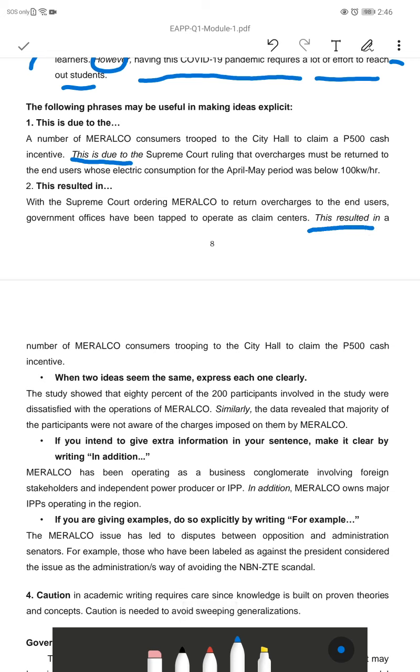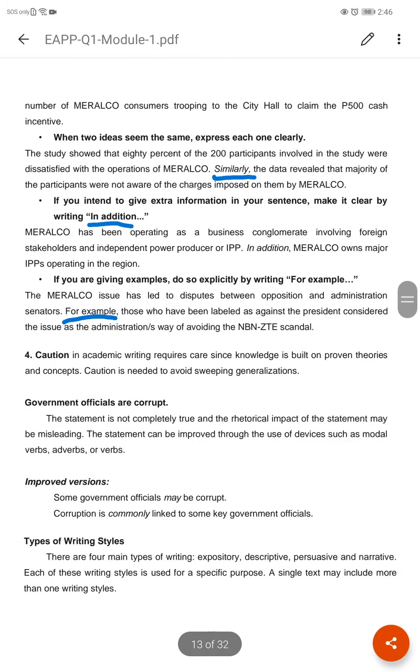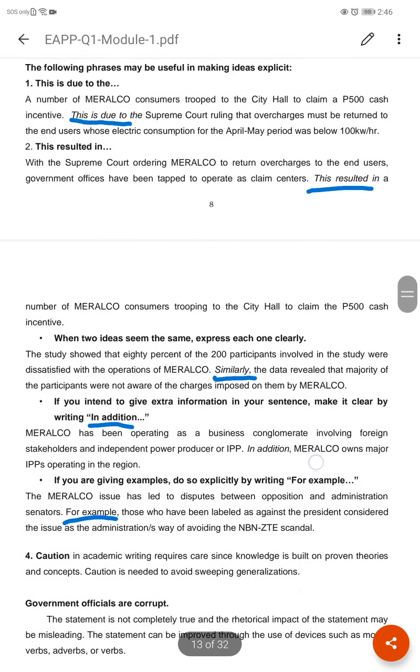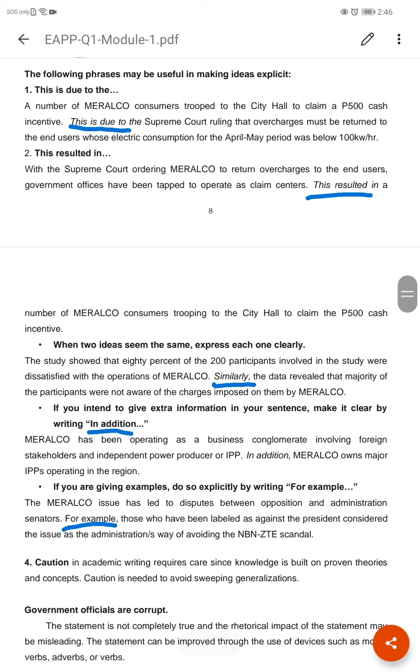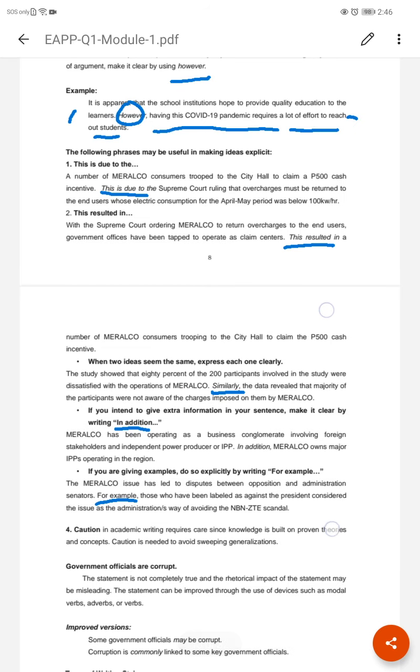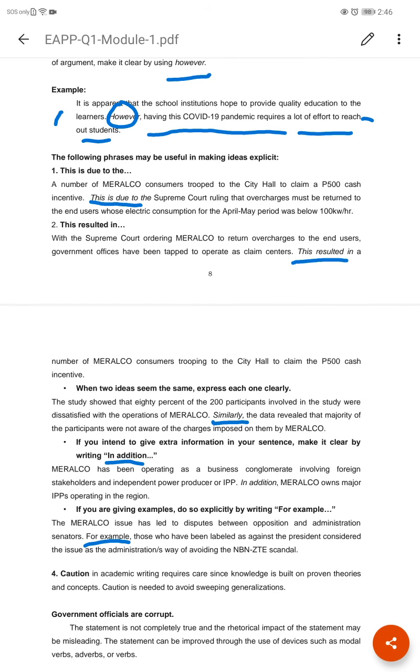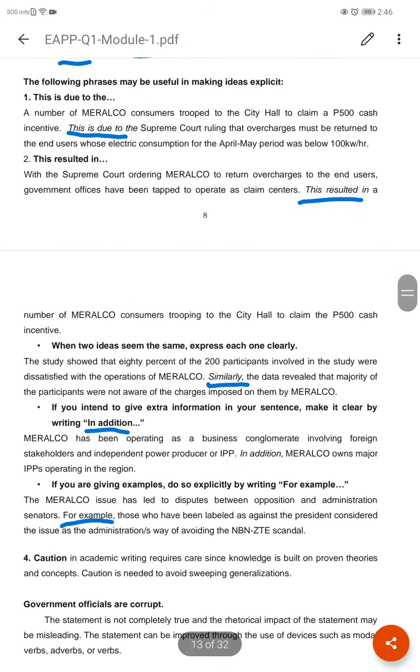So those are markers. Similarly, in addition, for example, so those are signposts or simply words that we use to make our writing more understandable, more comprehensible for our readers.